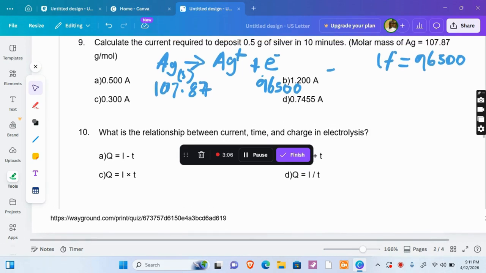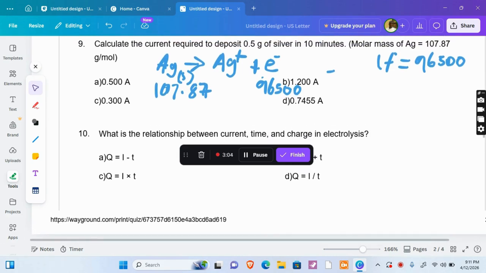The question says calculate the current that will be deposited by 0.5 grams. So on the mass side we have 0.5 grams. Now we need to convert the minutes to seconds. 10 minutes is 60 times 10, that's 600 seconds.